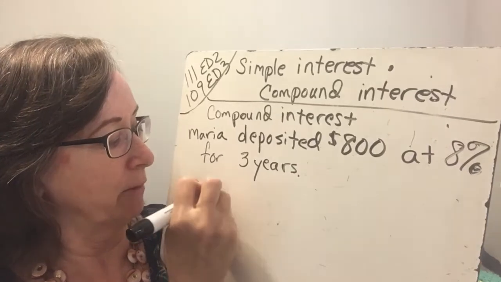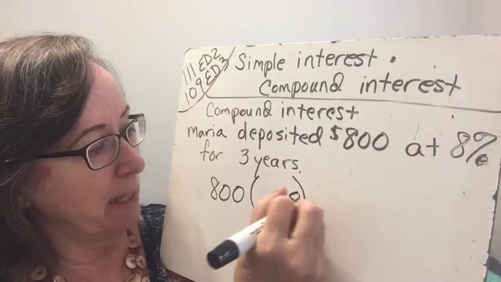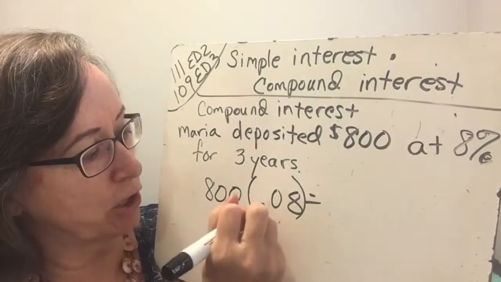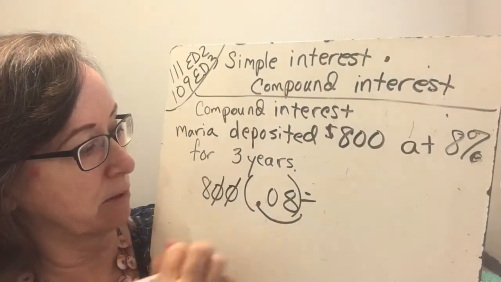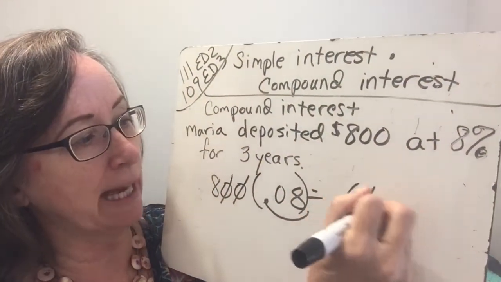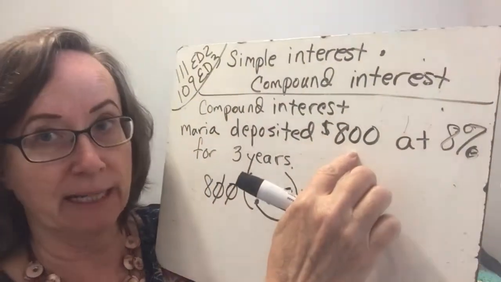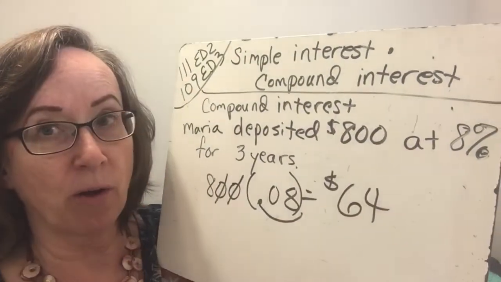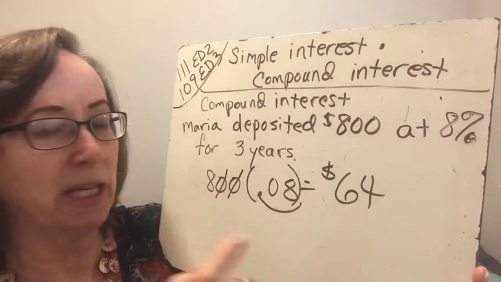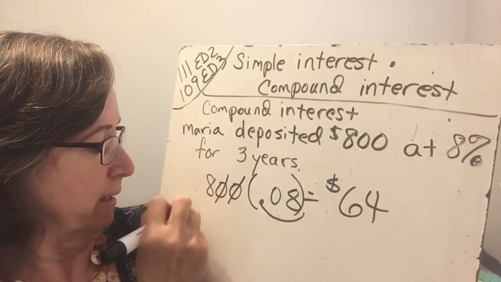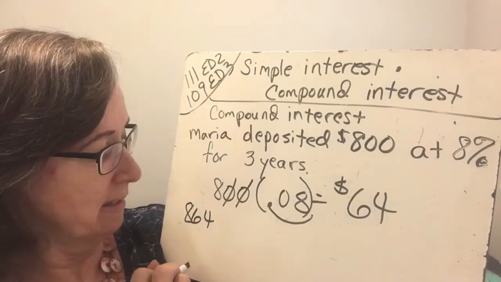So 800 times 0.08 means that at the end of the first year, we'll move these 2 and cancel those 2 zeros. So at the end of the first year, she has earned $64 interest on her $800. So at the beginning of the second year, she now has $864 in her account.